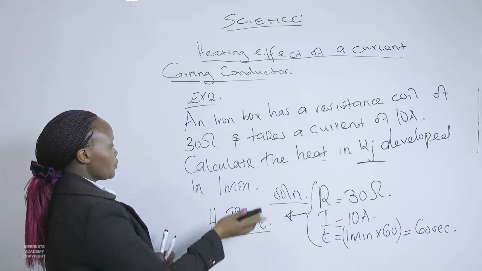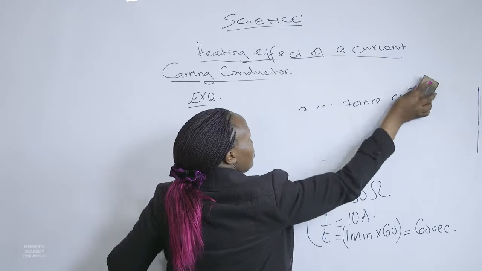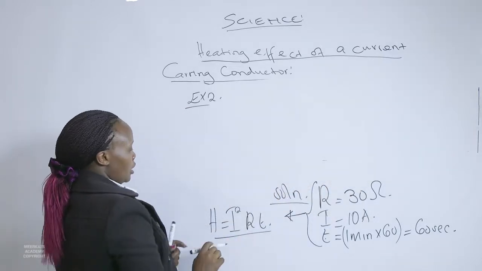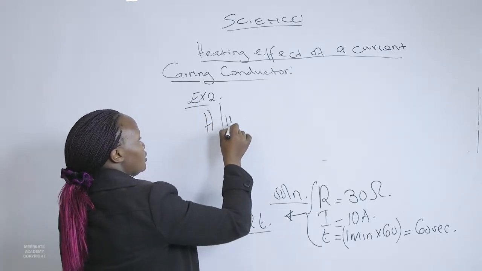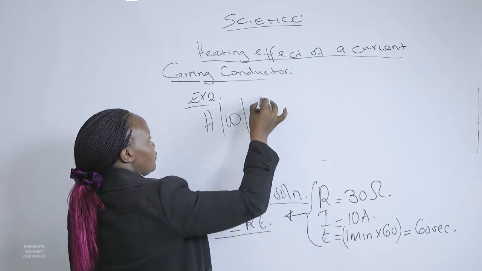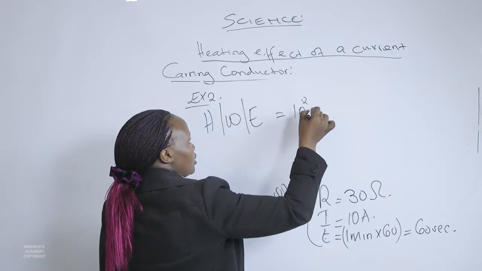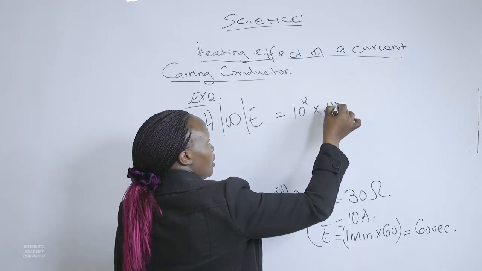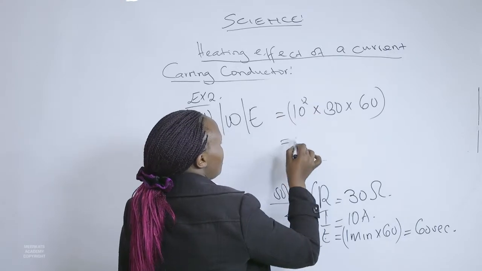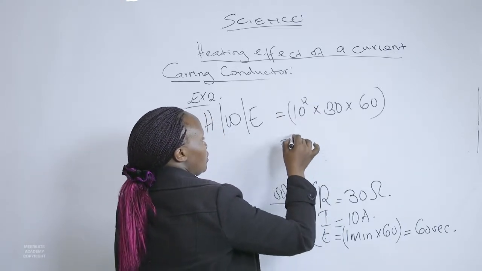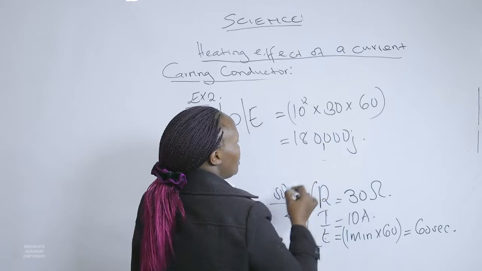And therefore, we substitute in the equation, so that now our heat, all the work done, all the energy will be given by current squared. We multiply this by our resistance and time, so that now we have 180 joules.